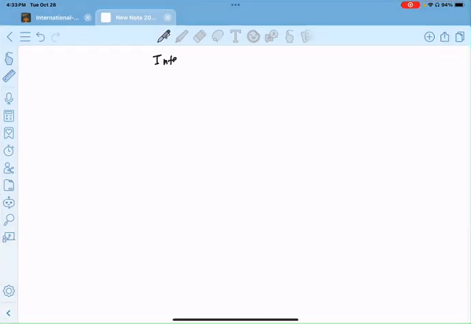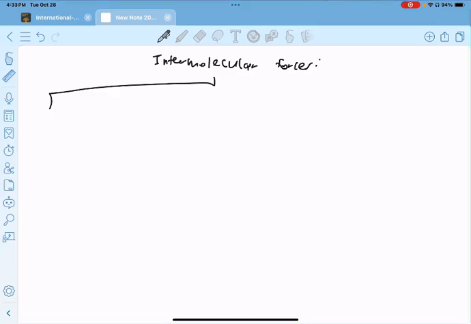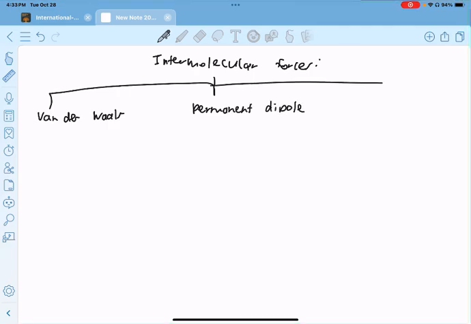When we talk about intermolecular forces, we have three main types of intermolecular forces. One is going to be van der Waals forces. The second one is going to be a permanent dipole, and lastly we will have hydrogen bonds.